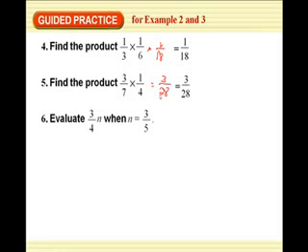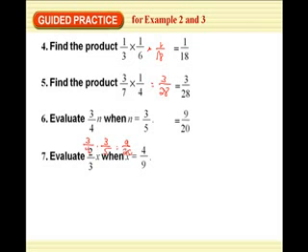We're done. This one we substitute in 3/4 times 3/5, 9/20. And then we're done. Substitute again, 2/3 times 4/9, 8/27.